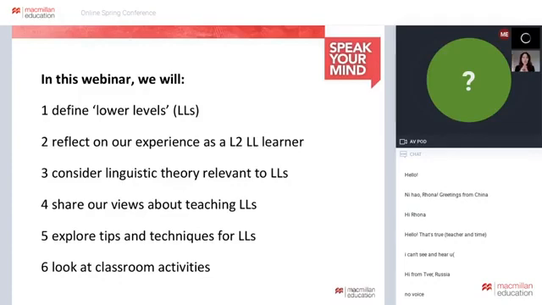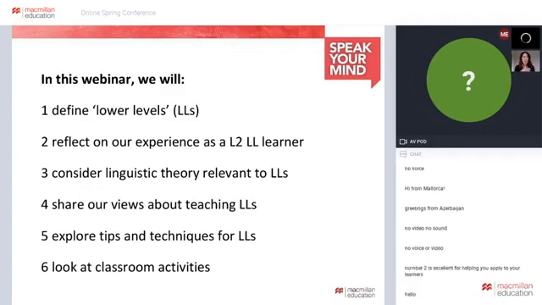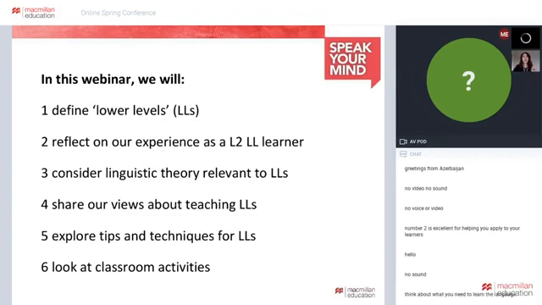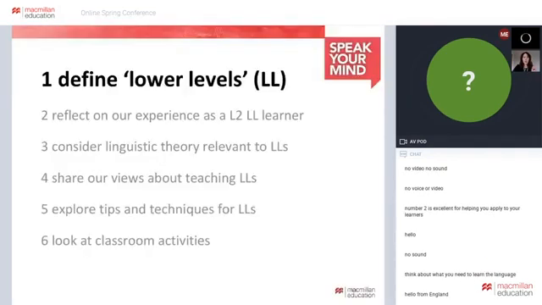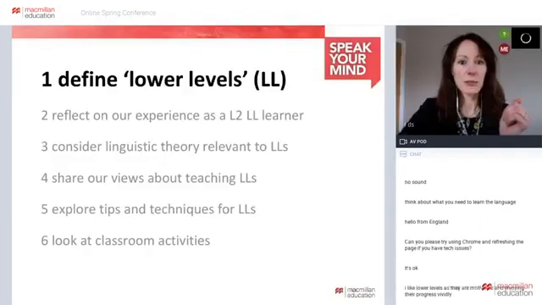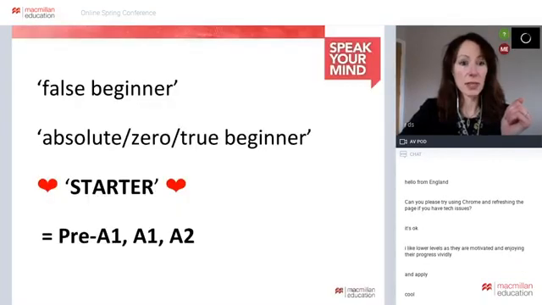We'll consider linguistic theory relevant to lower levels. We'll share our views about teaching lower levels. I think some of you have already said you're scared, but don't be, it's fine. And we'll then go on to looking at some tips and techniques for teaching lower levels, and some classroom activities that you can immediately use in the classroom. So let's look first of all at defining lower levels, our first point.